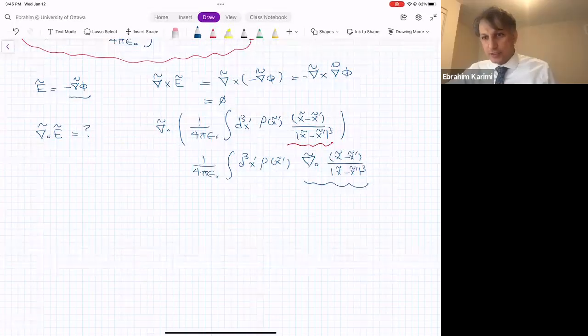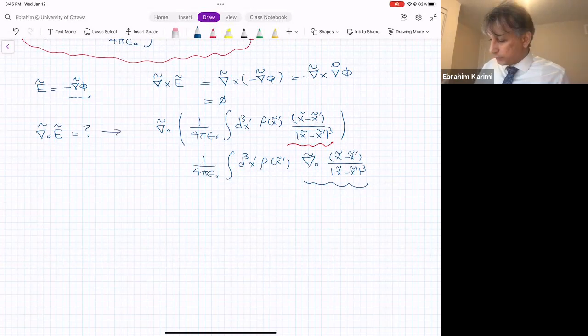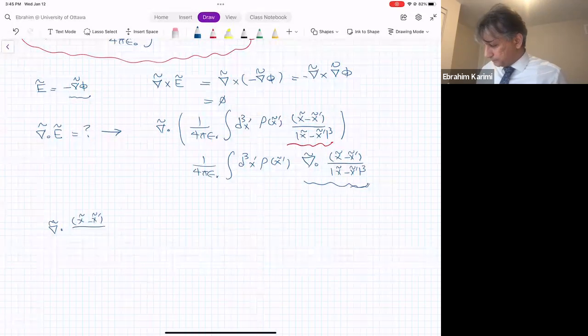That's a divergence. That's a divergence. So now the question that we have from the divergence of E is reduced to: what is the value of the divergence of (x minus x prime) divided by |x minus x prime| to the power of 3?